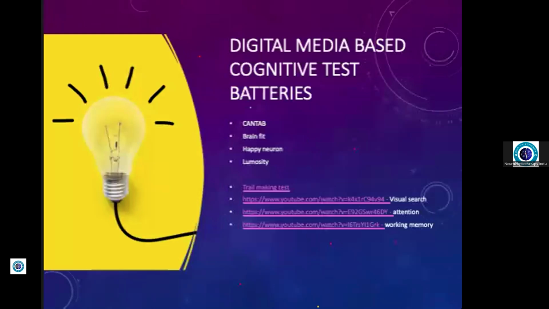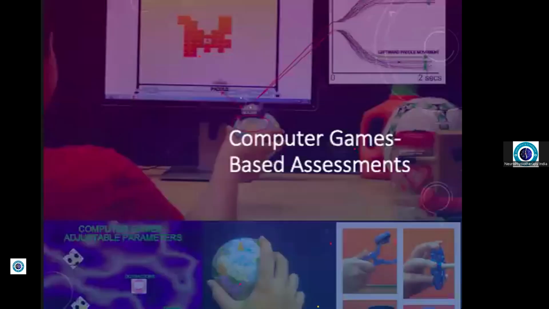But unfortunately, they're impossible to perform while you're performing a cognitive or physical task simultaneously, concurrently. Right? So now let me give you a sneak peek at one of the computer game-based assessments that I have extensively been working with so far, and why.